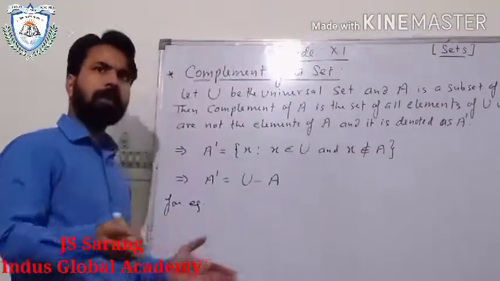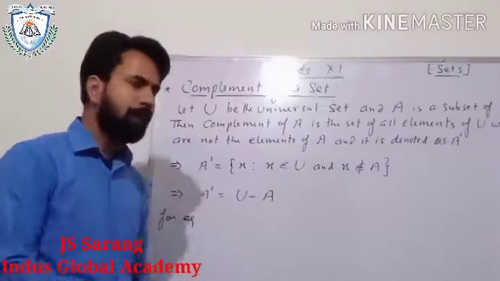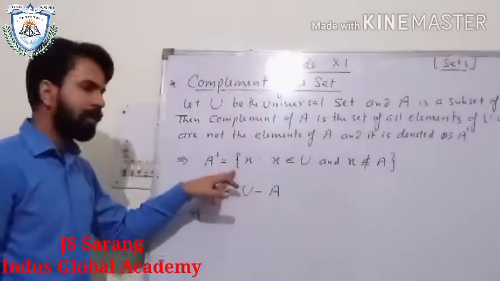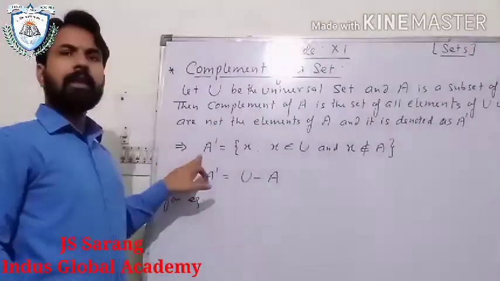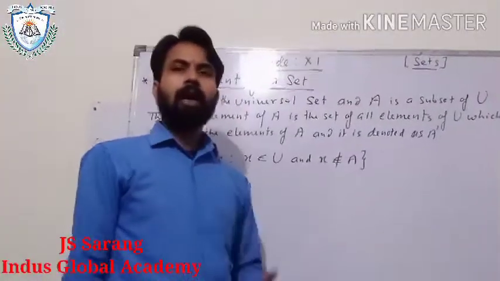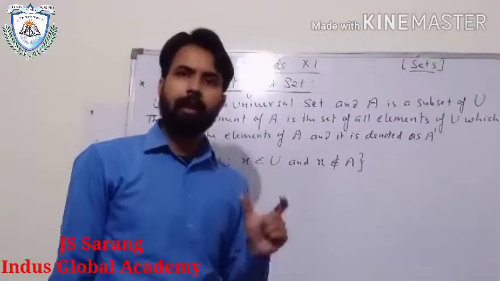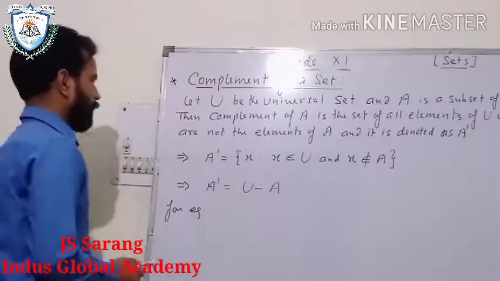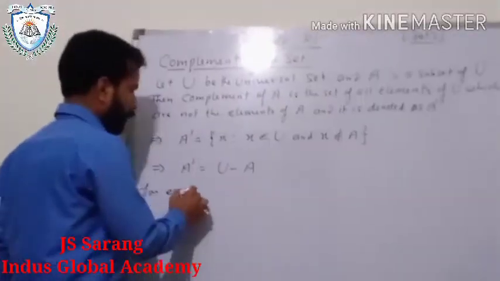You know very well the difference of sets. The difference of sets is also denoted like this. That means A complement is the set of all the elements of the universal set which are not present in set A. Let's take one example, then it will be more clear.